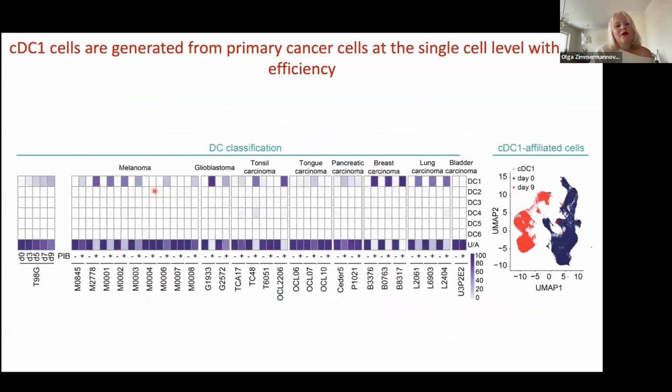Importantly, following the reprogramming, the cells affiliated with high fidelity and high frequencies exclusively to the cDC1 subset, and not to the other DC subsets, which supports that our reprogramming strategy with PU.1, IRF8, and BATF3 is very specific to generate only cDC1 cells.